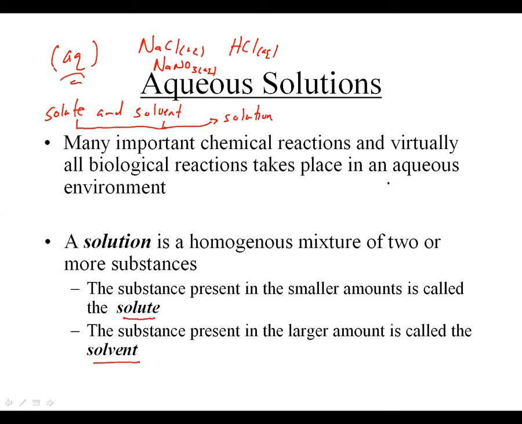And probably 9 times out of 10, if you see the aqueous or you're talking about a solution, a lot of times the solvent is water. We're going to talk about why that is in just a second, but it does not always have to be water. So you can use different things as solvents, and there may be different solvents used because of certain situations where water would not be a great solvent.